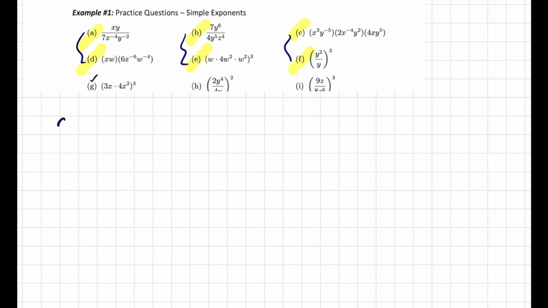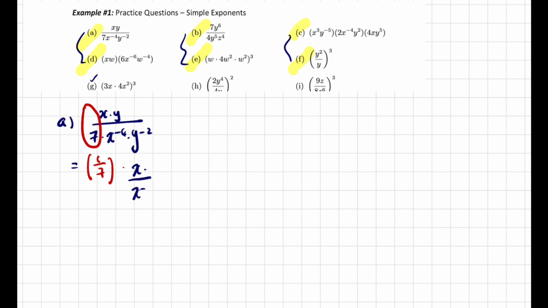For question A, we have x times y over 7 x to the power of negative 4 y to the power of negative 2. For this case, let's separate the coefficients first. So I'm going to take this one out first. So it's like 1 over 7 times x over x to the power of negative 4 times y over y to the power of negative 2.